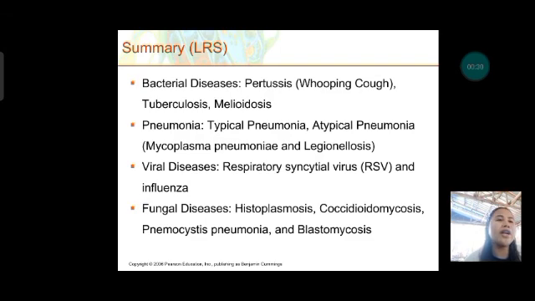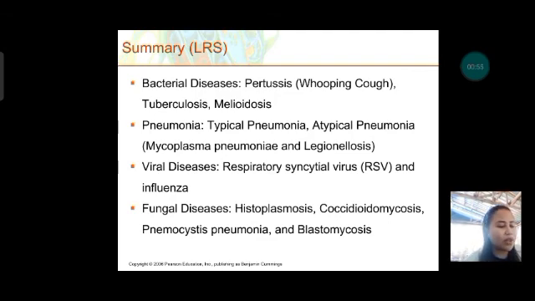So these are the microbial diseases of the lower respiratory system that we have learned in the previous slides. The bacterial diseases are pertussis or whooping cough, tuberculosis, melioidosis, and pneumonia. Pneumonia has two types, typical pneumonia and atypical pneumonia.